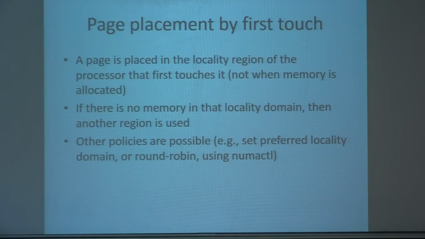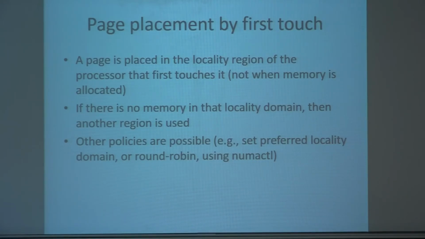Okay, so when a thread on a core on a processor allocates memory, that's not when the operating system decides where that memory will be located. It's when you access that memory for the very first time, depending on where you are, that memory will be put in the locality domain that's closest to you.